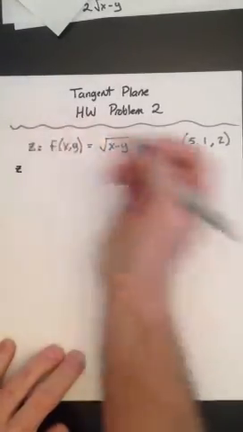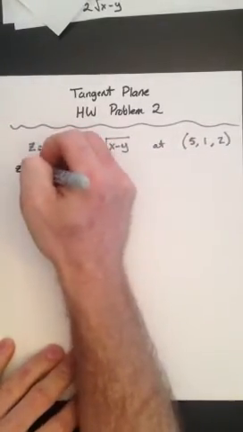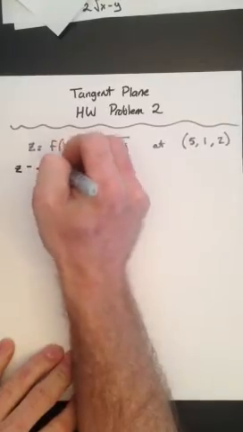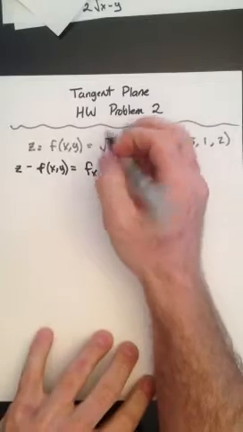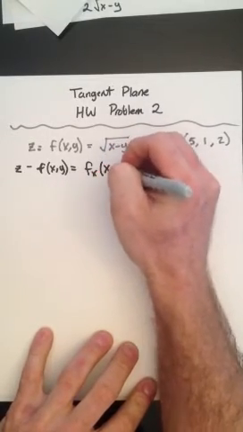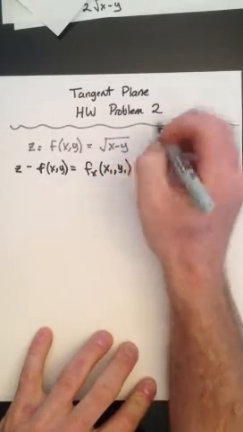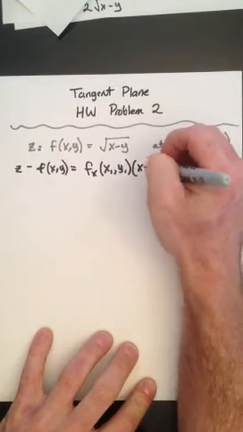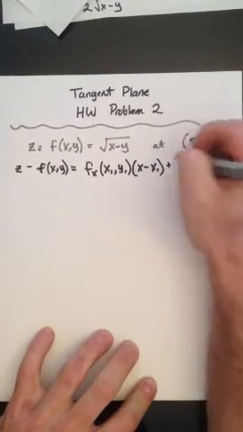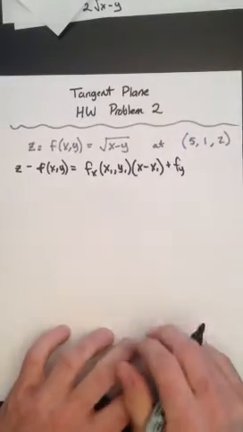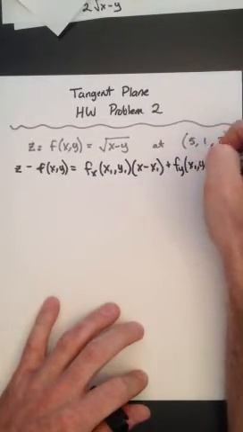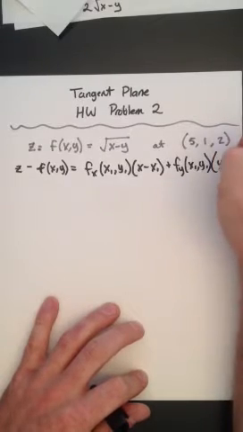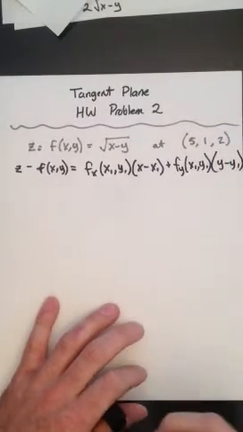That formula reads as such: z minus the function of x and y is equal to the partial derivative with respect to x at the point times x minus the x value of the point, plus the partial derivative with respect to y at the point multiplied times y minus the y value of the point.